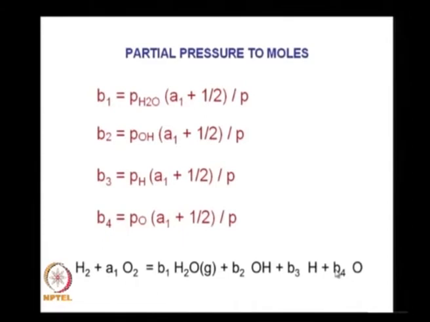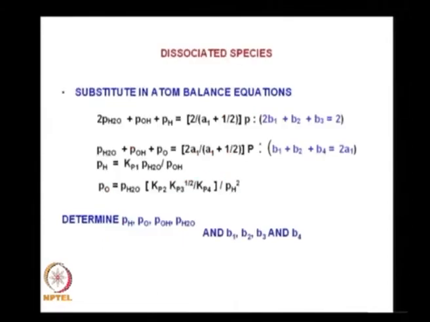But we already had the relation between B1, B2, B3, B4, and what was the relation we had from the atom balance? We had 2B1 plus B2 plus B3 is equal to 2. We also had B1 plus B2 plus B4 equal to 2A1. Therefore, we can use these two relations and substitute for B1, B2, B3 in terms of the partial pressures, and we get 2PH2O plus POH plus PH, divided by this particular one, that is we had to divide this to get P. This I bring to this side and I get 2 into this one.